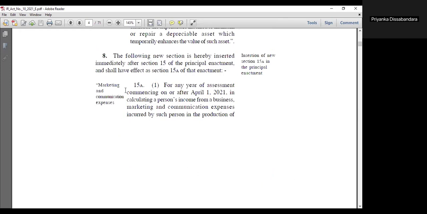Here. This amendment was made to insert a new section. Earlier we saw insertion of a new subsection. Now we have included a new section. The following new section is hereby inserted immediately after section 15. එතකොට 15ට පස්සේ පනතේ.